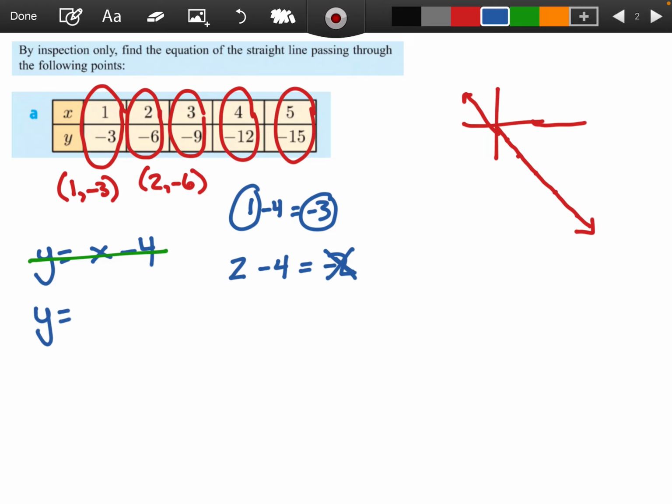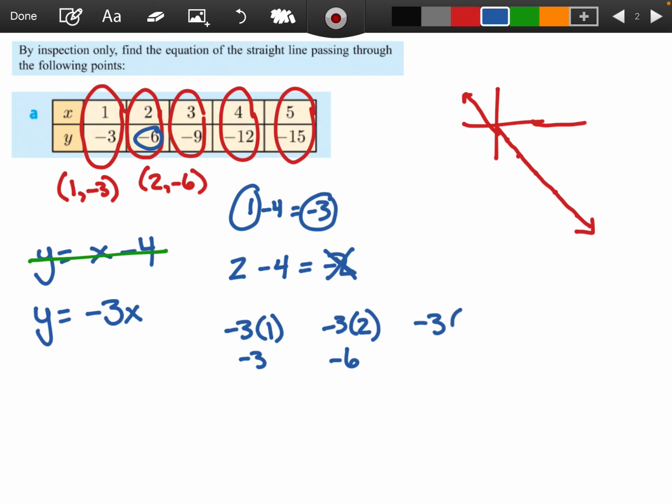So try something else. I can't get the correct answer by subtracting. What else could I do to 1 to get to -3? Well, maybe I multiplied it by -3. So maybe I had -3x. Okay, let's test it. -3 times 1 gives me -3. That's what I need. -3 times 2 gives me -6. That's exactly what I need there.